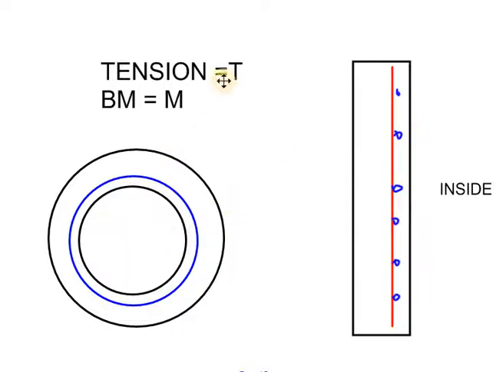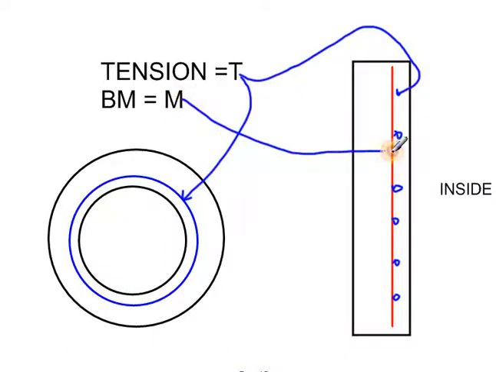So what I mean to say is, for taking tension, the reinforcement you are providing is this reinforcement. And for taking bending moment, because the wall is going to bend as a cantilever, to stop that we have to provide vertical reinforcement. So for bending moment we are providing this reinforcement, this one.